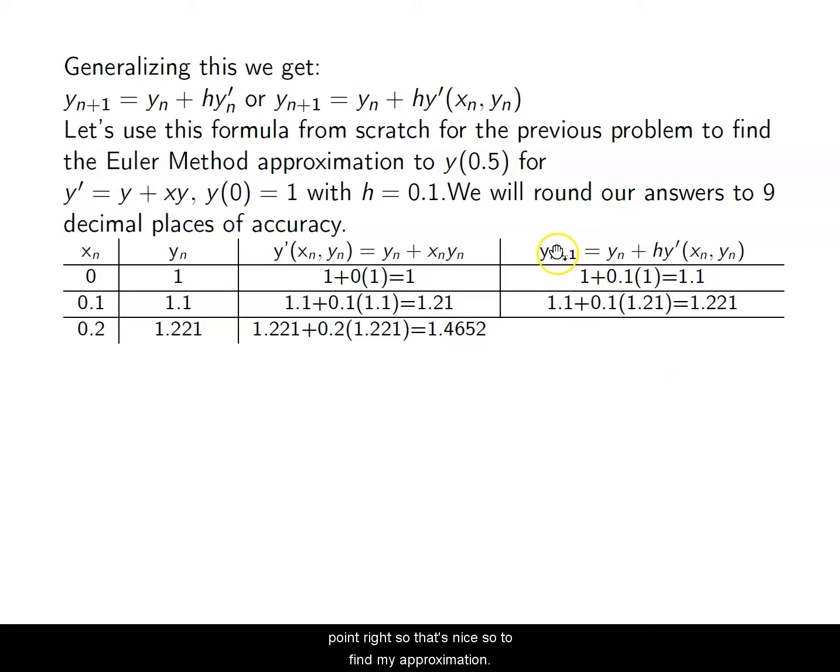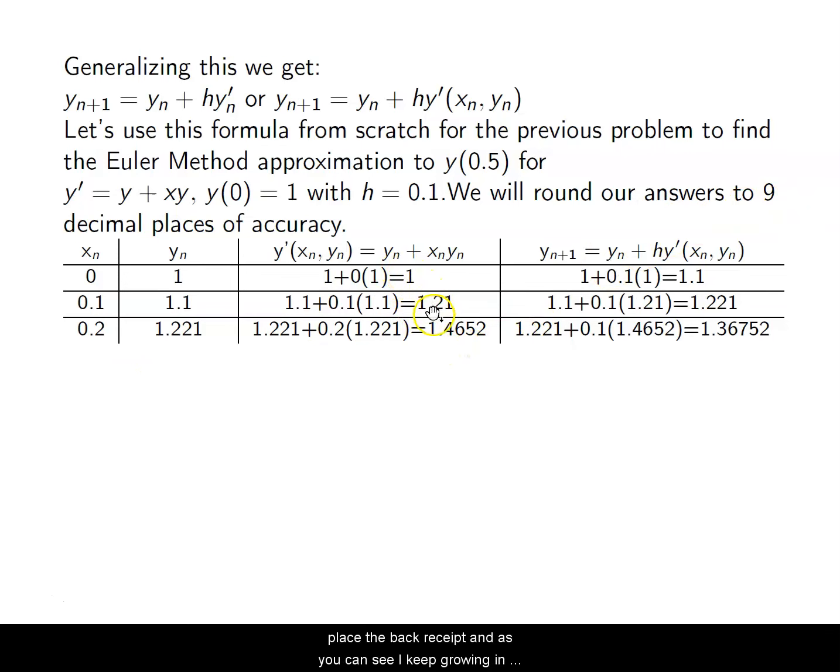To find my approximation at the third step, I just need to use my previous output and the slope at that output to find the next output. My current y, plus my step size times the slope at that y, will give me the next approximation. And so it's very formulaic. It's an algorithm. I actually ran out of space because we're trying to keep 9 decimal places of accuracy.